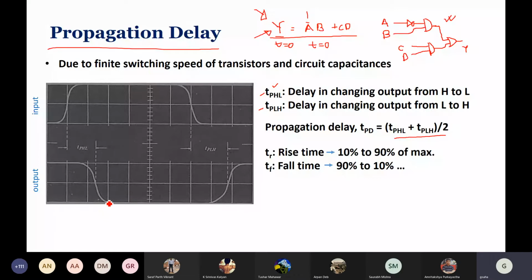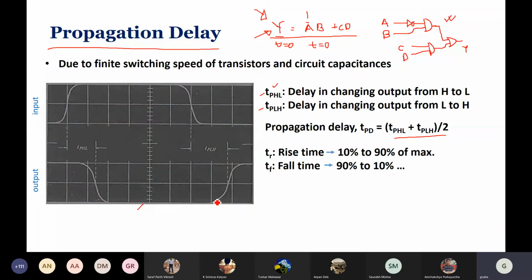Input is going out and staying at high. The output is going from high to low, right? The output is going from low to high, right? That is what you can see.